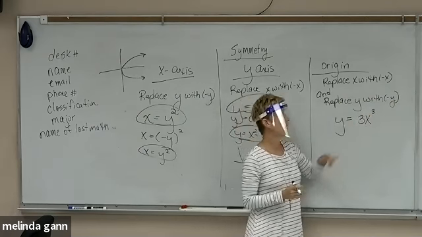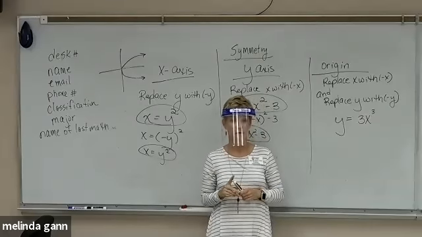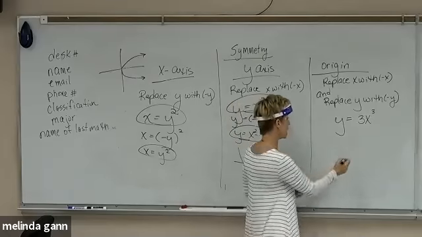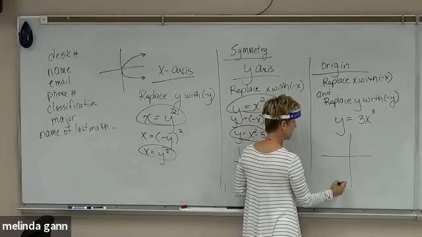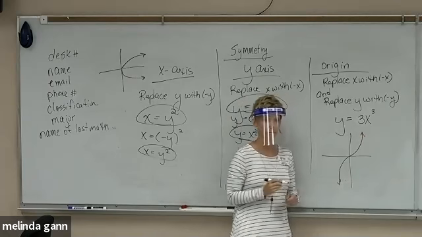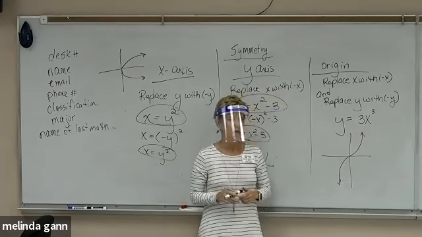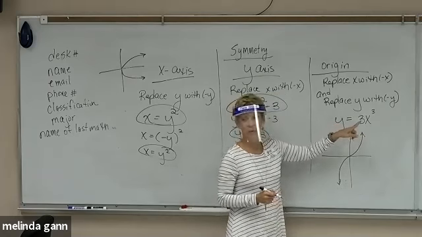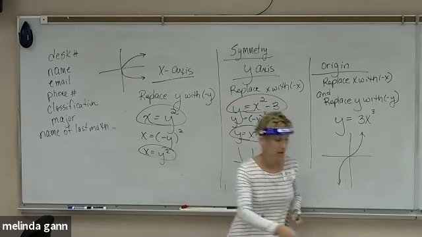You know what cubic graphs look like? That's right, they look like an S curve. They look like this. Now think about it. Let's replace y with a negative y and x with a negative x.